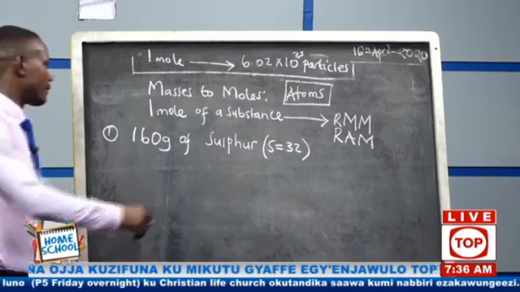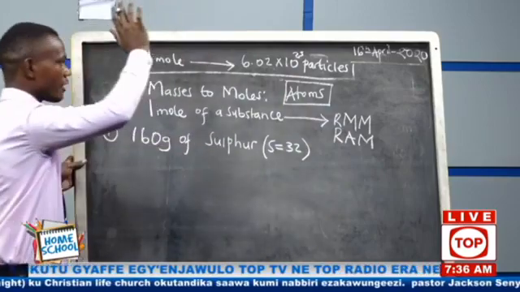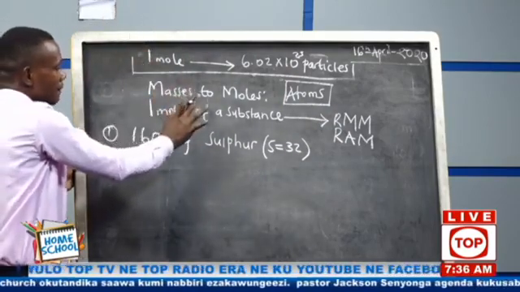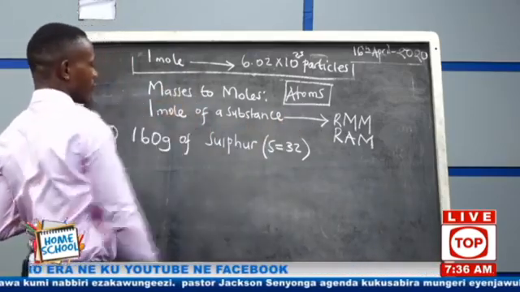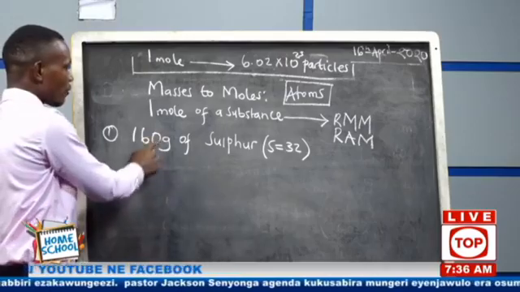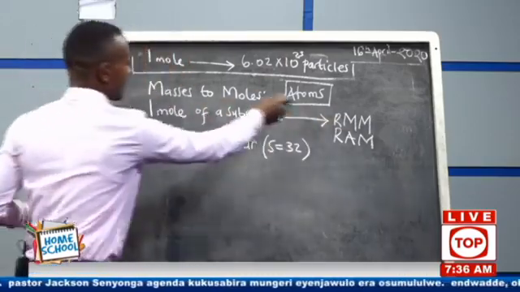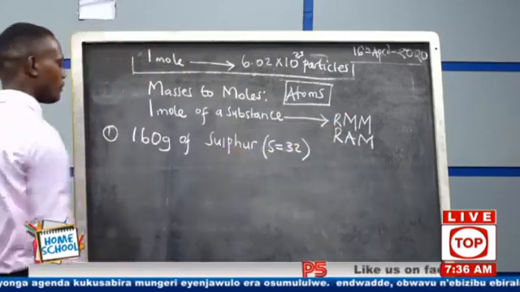Remember I said 1 mole of a substance equals the relative atomic mass in grams. You can use this straight if you have been given moles in the question. But if you have been given grams, you change this and say the relative atomic mass is equal to 1 mole of a substance.